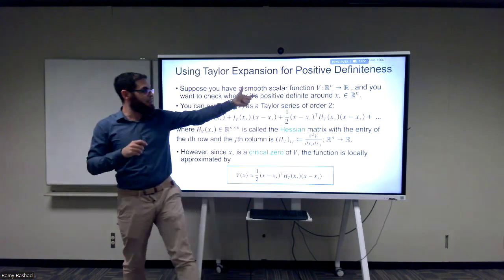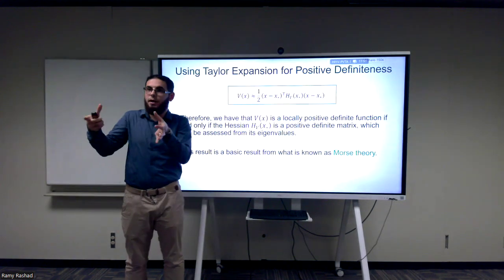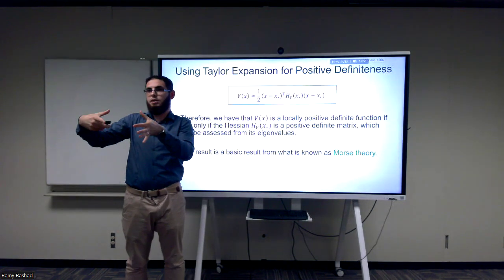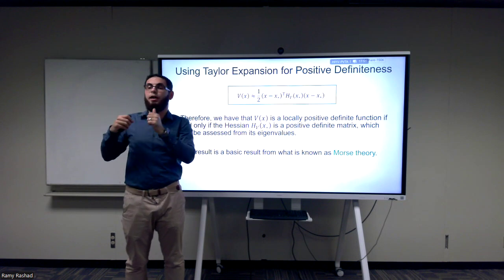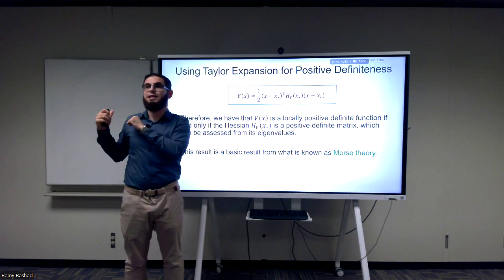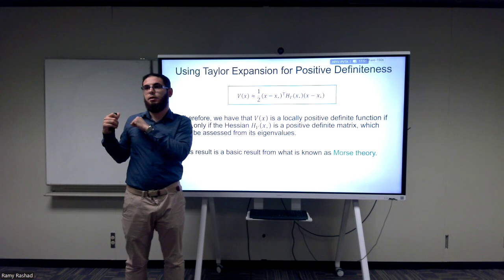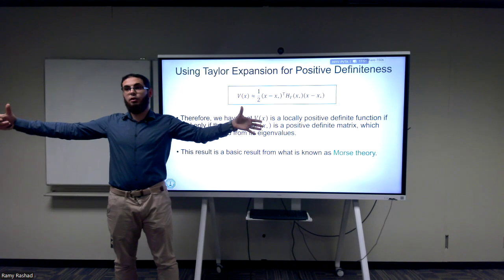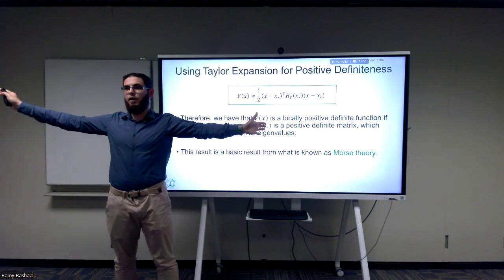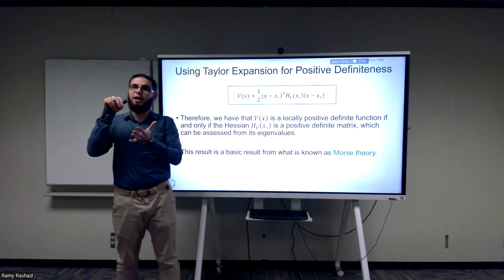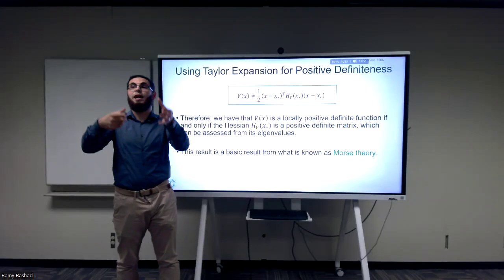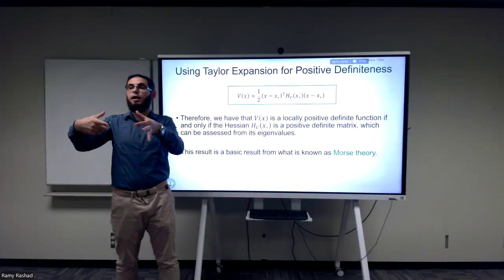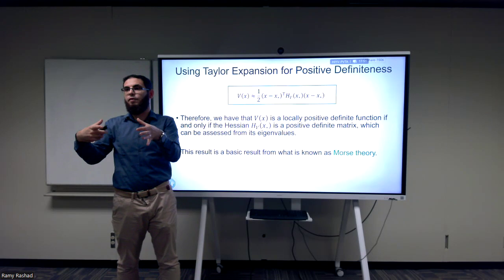If I can show that this function v is locally positive definite around this origin, then I can use it as a Lyapunov function. So for Lyapunov functions, I only need to find a locally positive definite function. I don't need to find it globally. So I don't care what happens away from this equilibrium point. I want to study the stability of an equilibrium point, and I have a function that I guessed, and I want to check whether it's positive definite or not.